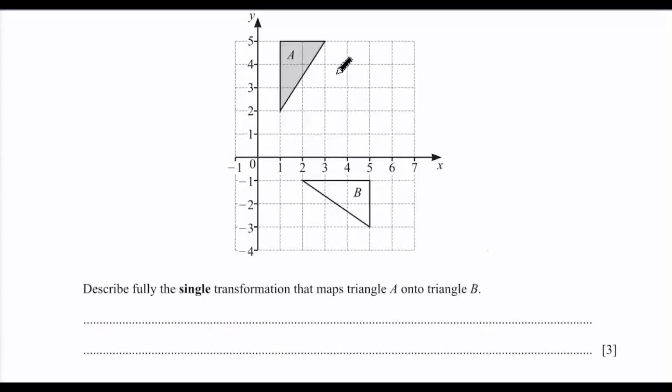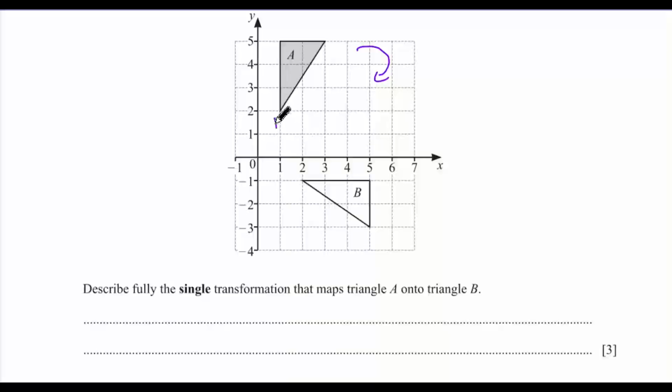Question 8. Describe fully the transformation that maps triangle A onto triangle B. So for this, if you look at the two shapes, that is the object and the image, A is the object, B is the image. So it is very obvious that this is rotation, okay? So towards this direction, because if you label the point, this is A, this is, sorry, we can't use A, let's use another value.